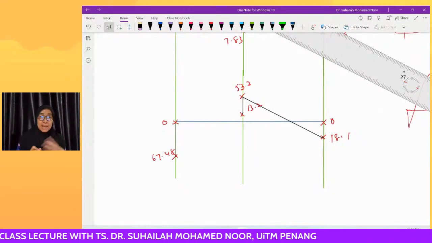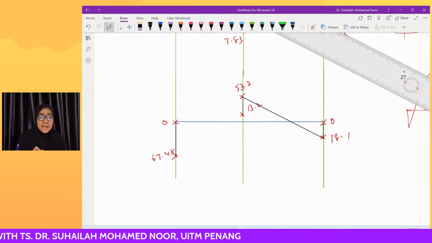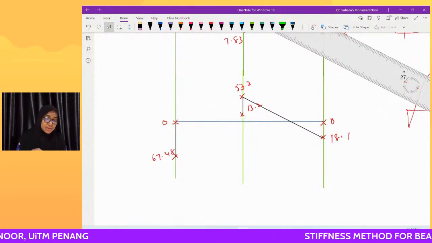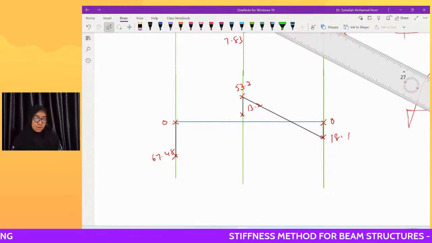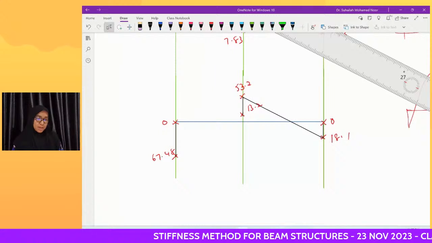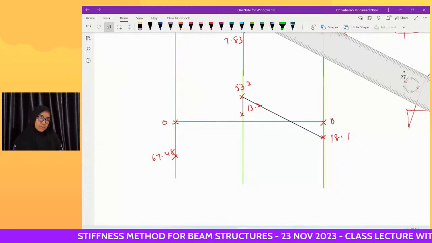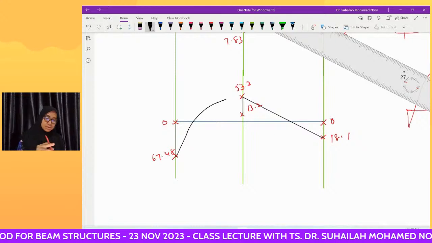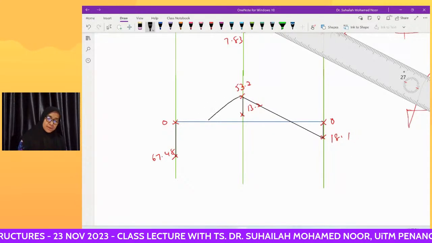But AB is UDL, isn't it? AB is UDL, so this one we get a curve line.